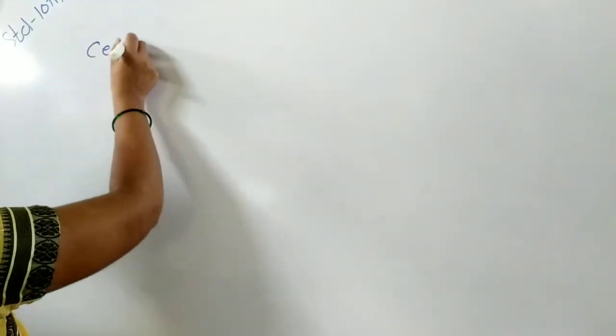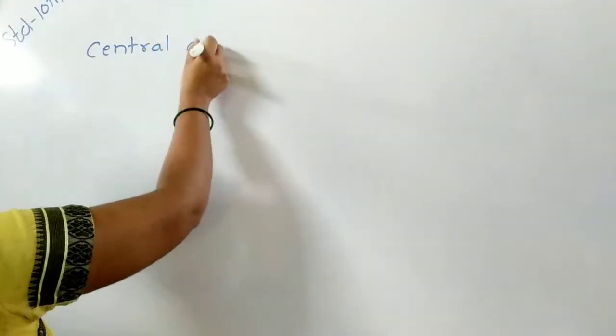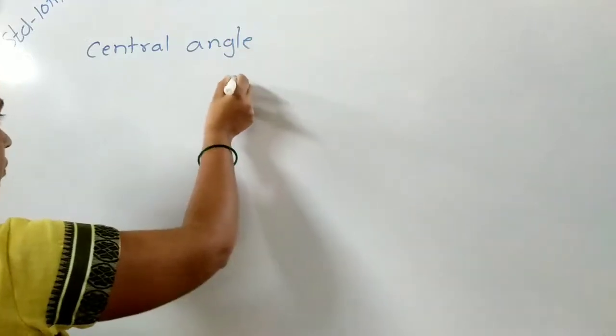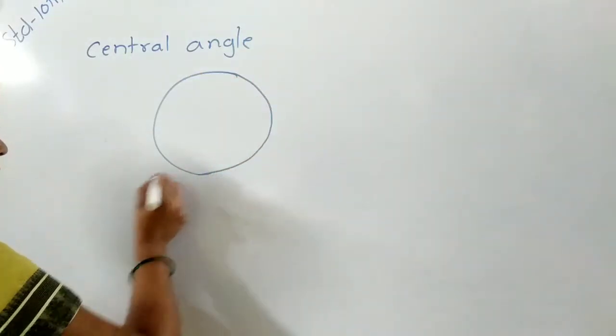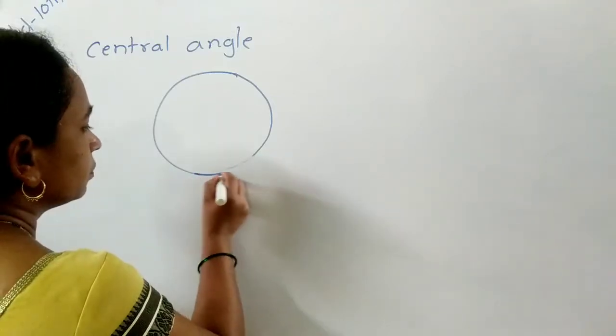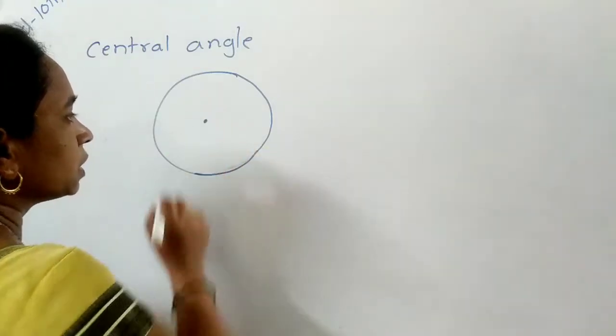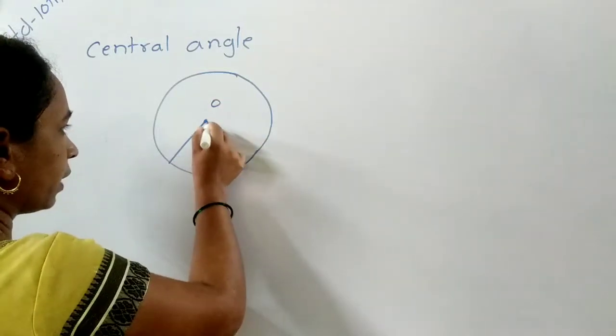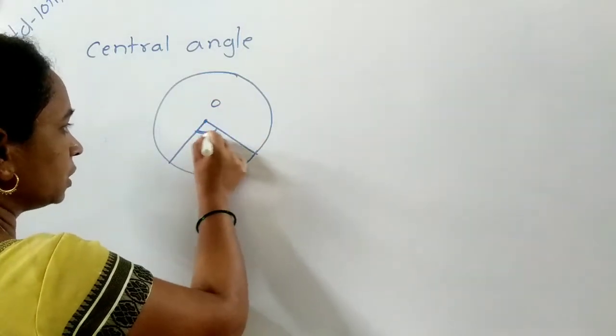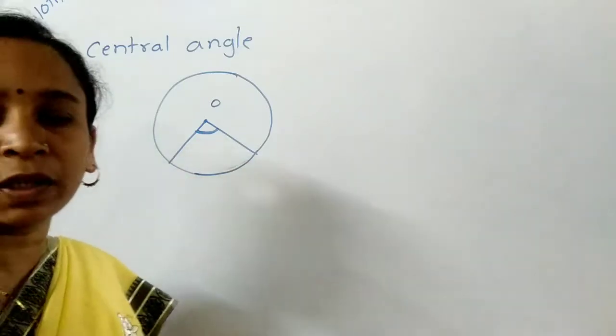Now, central angle. This is the center of the circle. If the angle is made at the center of the circle, this angle is called a central angle.